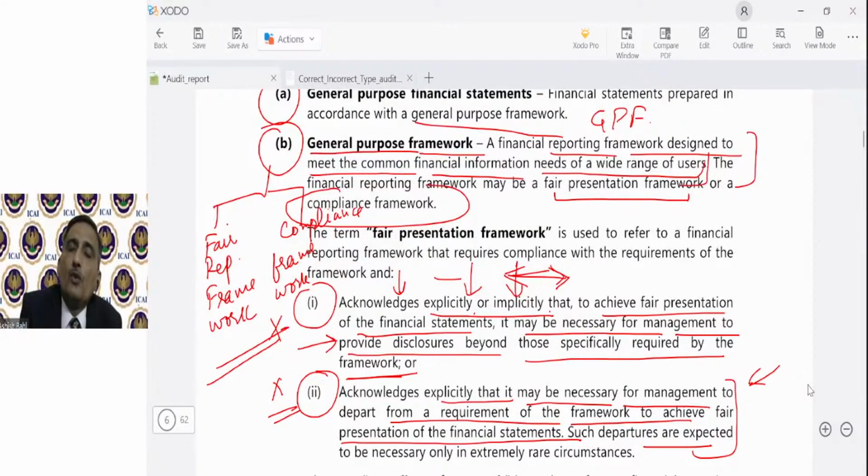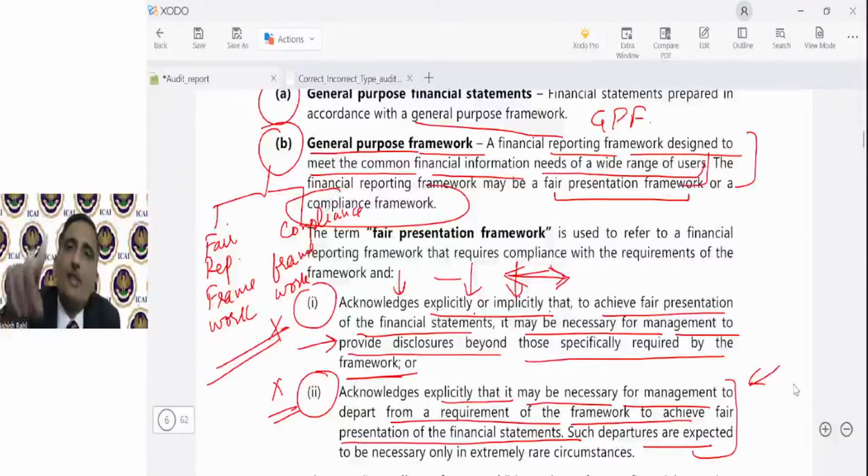It can be used by shareholders, by tax authorities, by lenders. Okay. And a general purpose framework can be of two types. Number one is the fair representation framework and number two is the compliance framework. So what is the difference between the two?